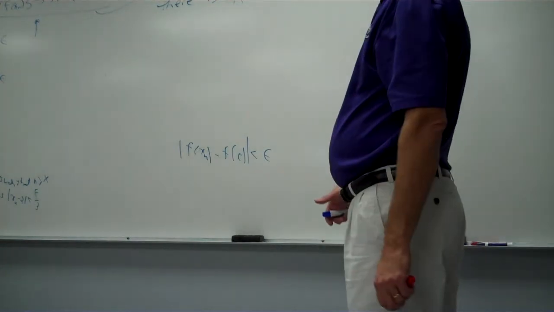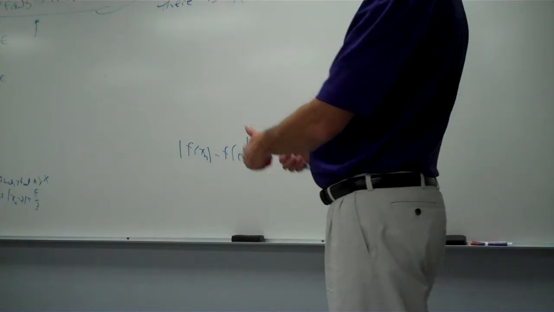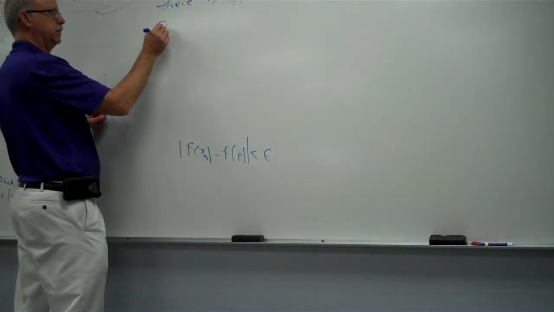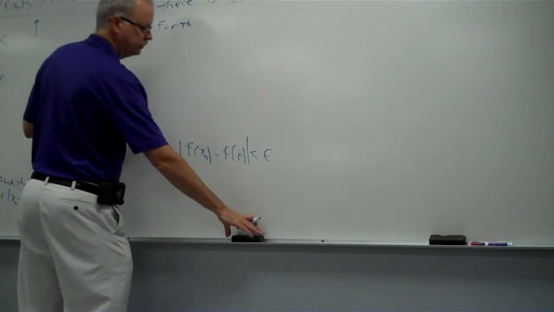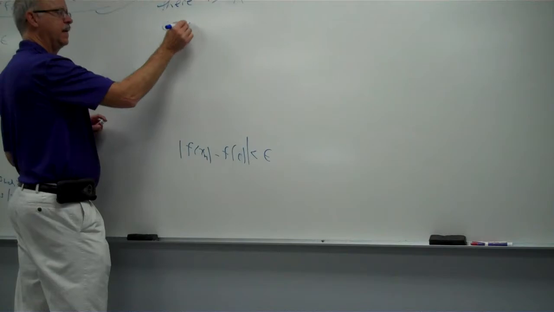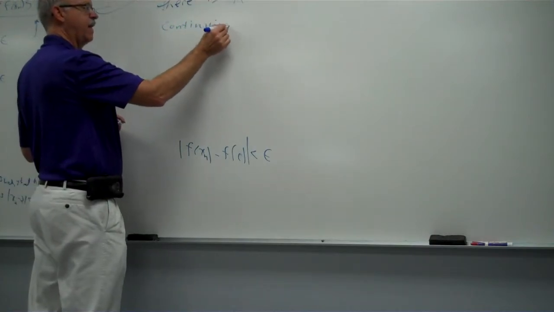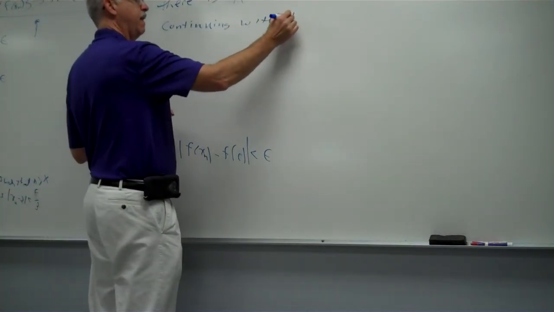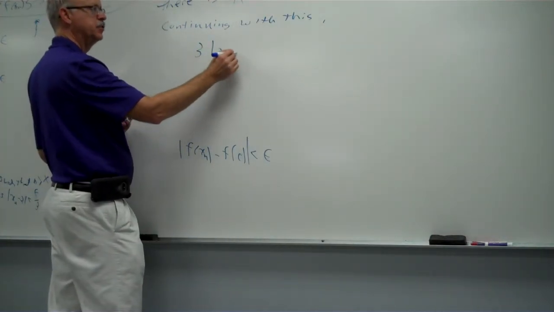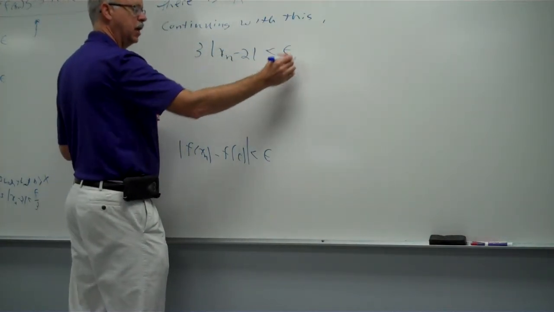And now, just as before with the preliminary analysis, we work our way back up. So for this same X, continuing with this, 3 times the absolute value of x sub n minus 2 is less than epsilon.